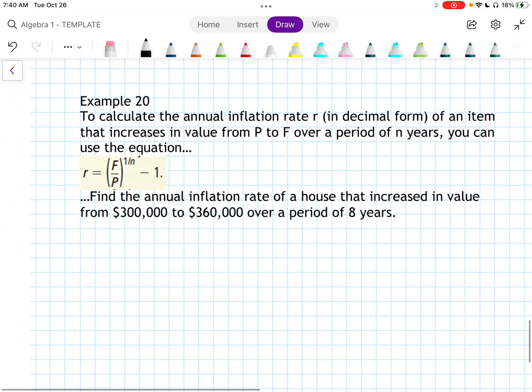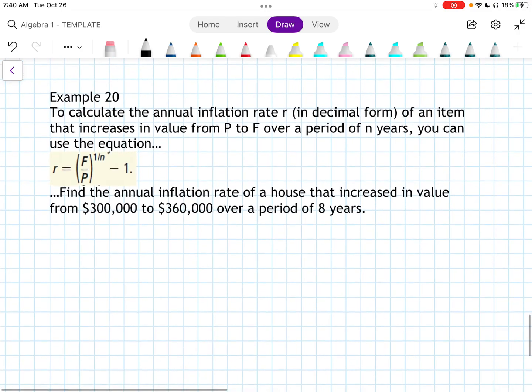Alrighty. Example 20. This is similar to some problems that I've seen on the PSAT and the SAT. We don't necessarily know how to use this formula that it gives us, but we can just trust the formula and we can plug in. So it says, to calculate the annual inflation rate, R, in decimal form, of an item that increases in value from P to F over a period of N years, you use the equation there.